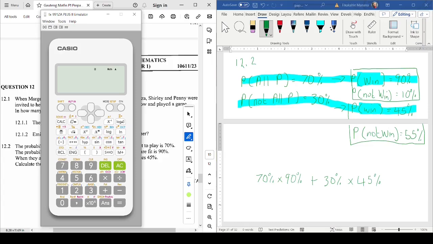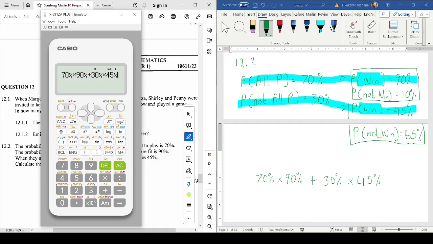All right, let's bring in the calculator. So the first one is 70%. So I'm gonna go 70. Where's my percentage sign? There it is, and it's orange, which means I should hit the orange shift button, and go 70% times 90%. Plus, adding that probability, which is 30% times 45%.